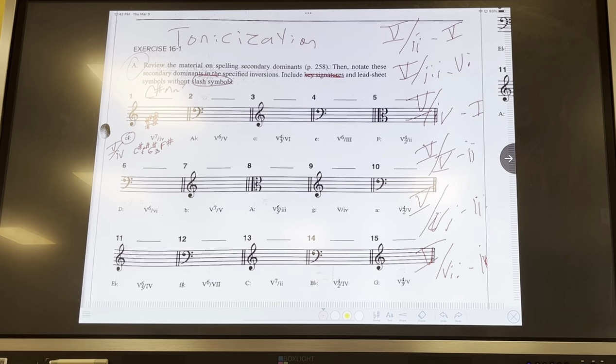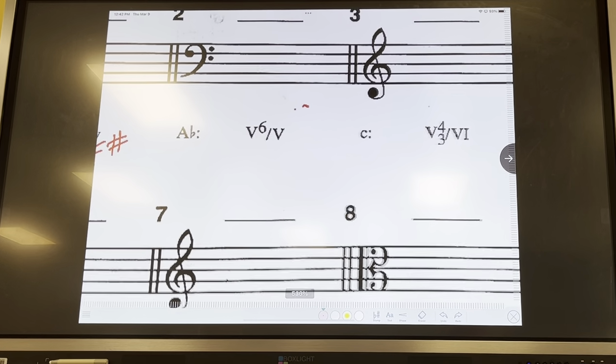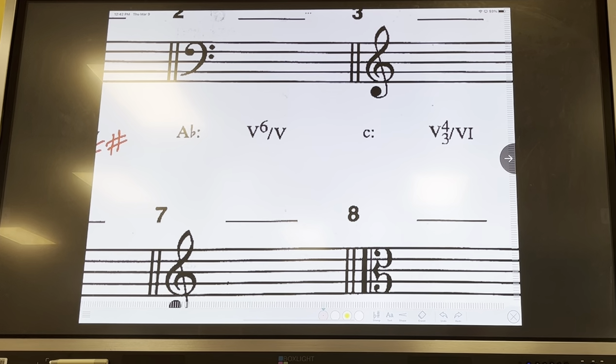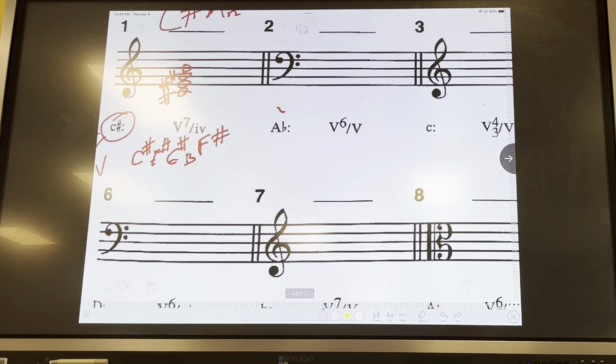Like on number 1 that we just did, 4 in a minor key would be minor. But since we had a 1 before, it just becomes a switch of major and minor.